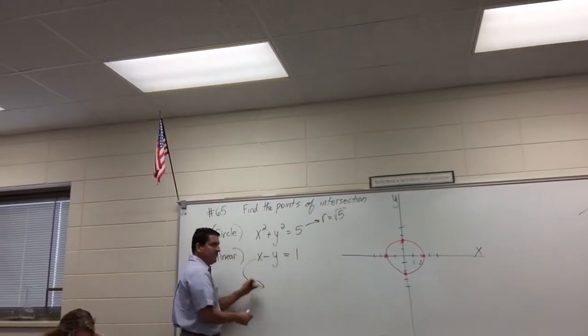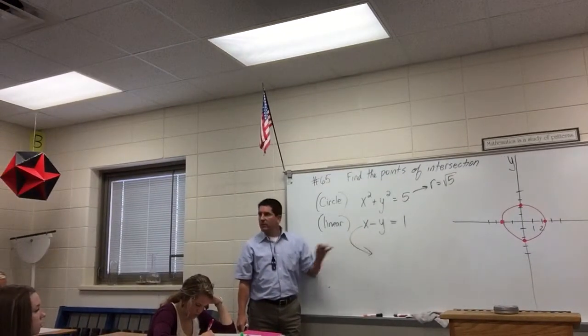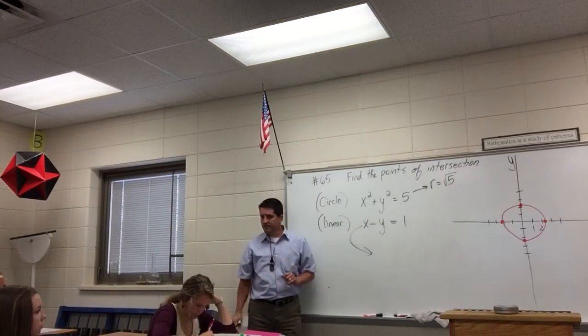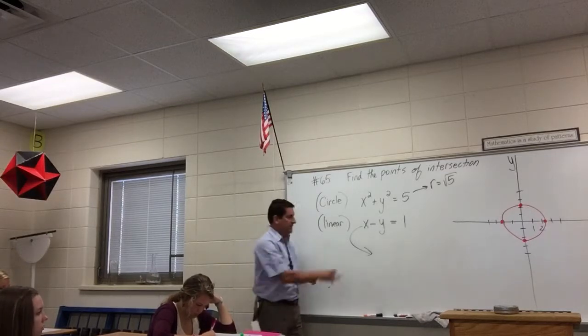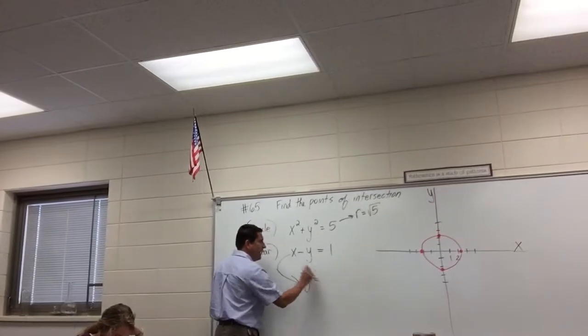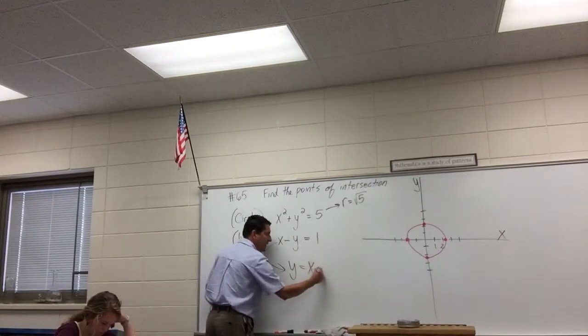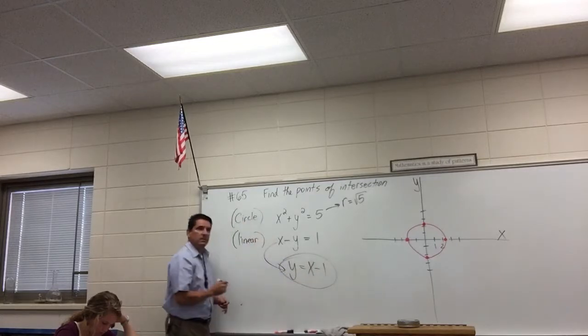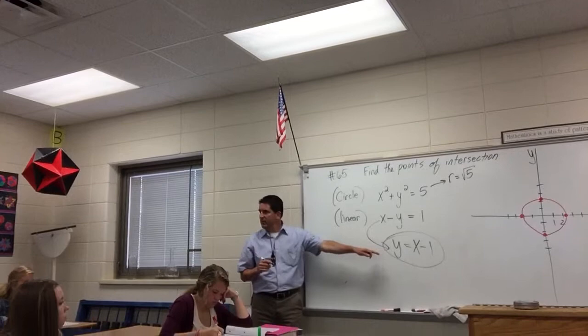Okay. And then we have this thing. And now I could make a t-table for this, but you guys learned some shortcuts on lines. What can I do with this to help graph it better? Solve it for y. So if I take this and I solve it for y, I'm going to subtract the 1, put it over here. I get y = x - 1.